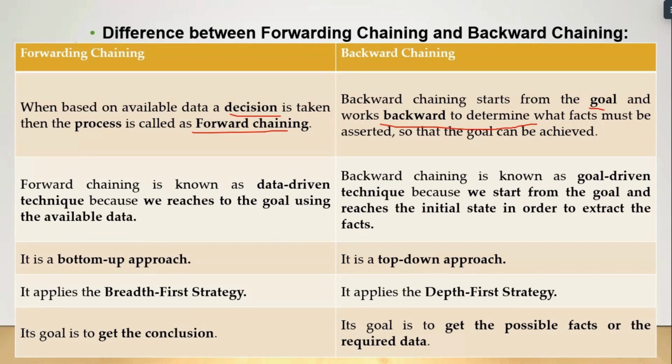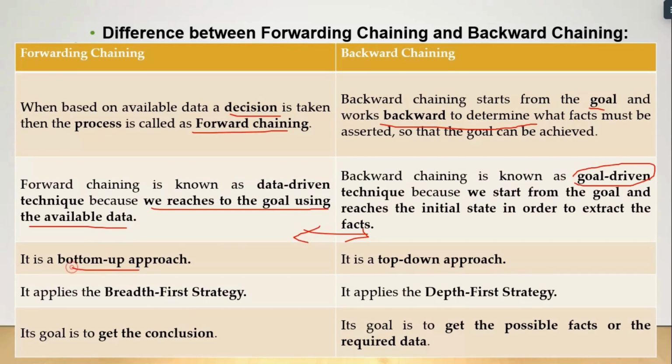Forward chaining is also known as a data-driven technique because we reach the goal using the available data. Backward chaining is a goal-driven technique. We start from the goal and reach the initial state in order to extract the facts. So this is a major difference between forward chaining and backward chaining.